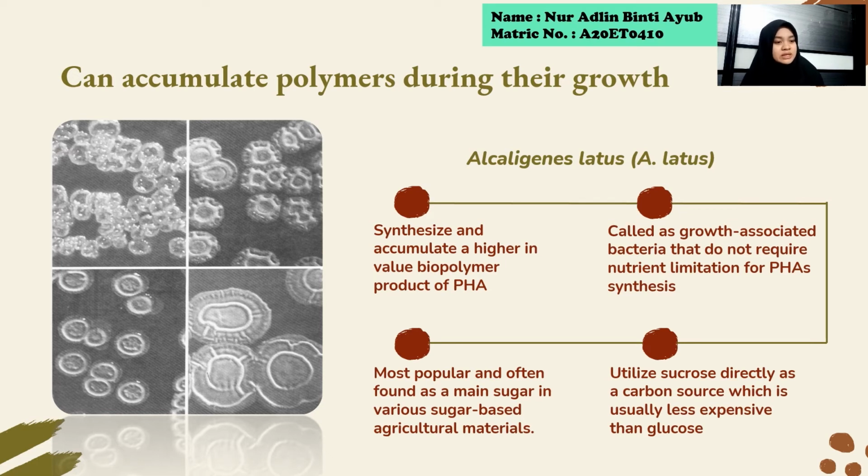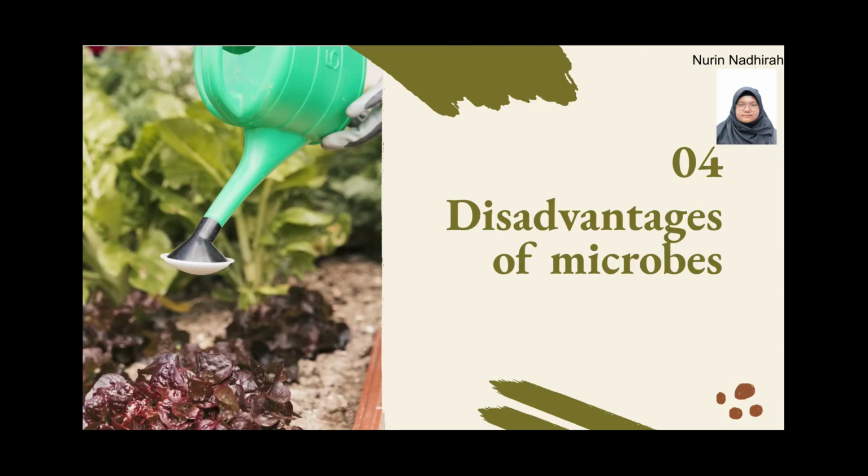So the production of PHAs for use as a raw material to produce biodegradable plastic could help mitigate environmental problems, especially air pollution and waste management. Okay, that's all for the advantages of microbes in bioplastic manufacturing. Now, I will talk about the disadvantages of microbes.